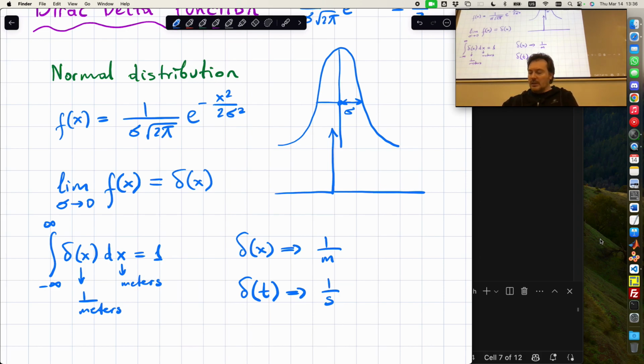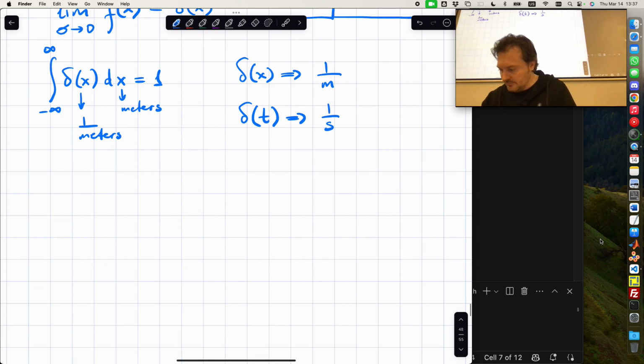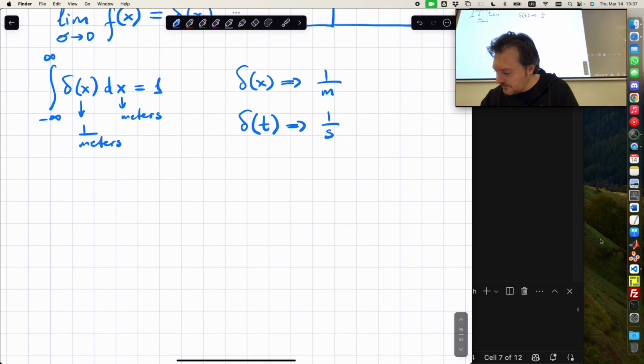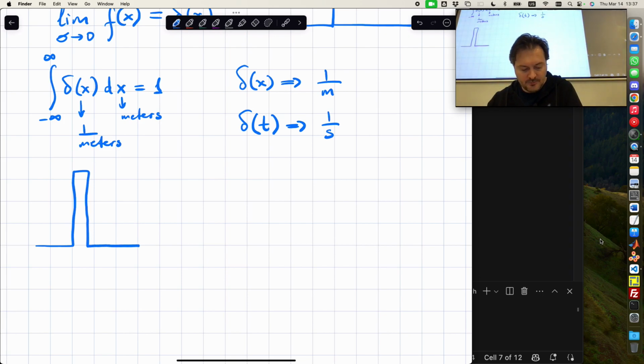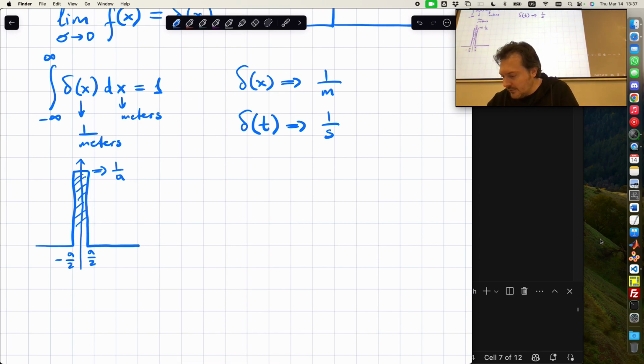Good. A more simplistic view of the Dirac delta could be this. I think you can get away with it if you think of the Dirac delta more simplistically, like this. This goes from minus a over 2 to a over 2. This height is 1 over a. So what is the area of this rectangle? 1, right?